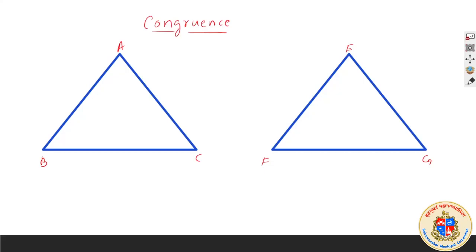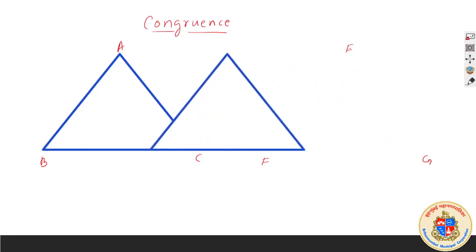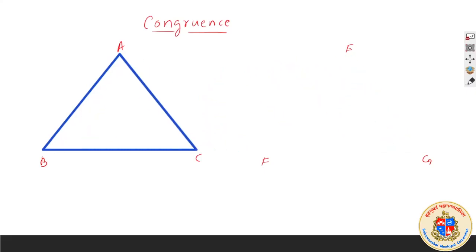Is it matching each other? Further, I should lift the triangle and keep one on the other so we can understand whether it is matching or not. Let me do that. It is perfectly matching.